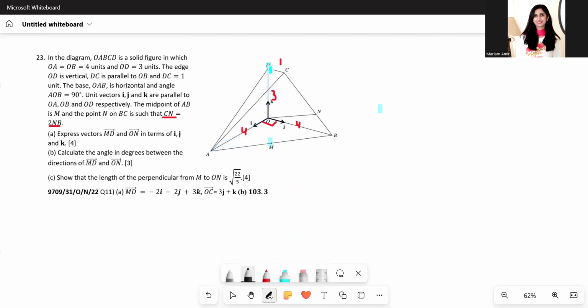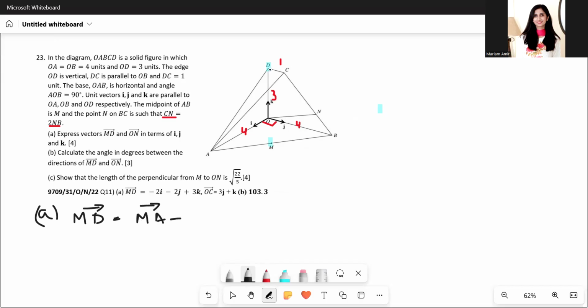So for part A, to find vector MD, we will be going from M to A, which we have to figure out, plus A to O, which is going to be negative 4i, and then O to D, which is plus 3k.